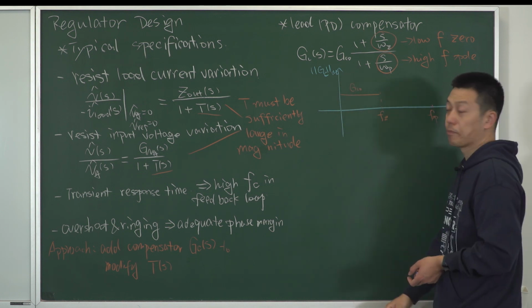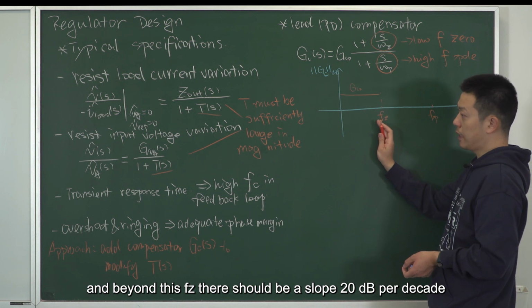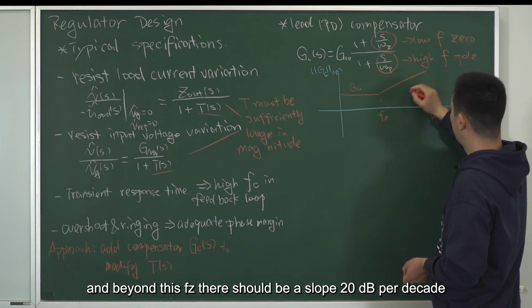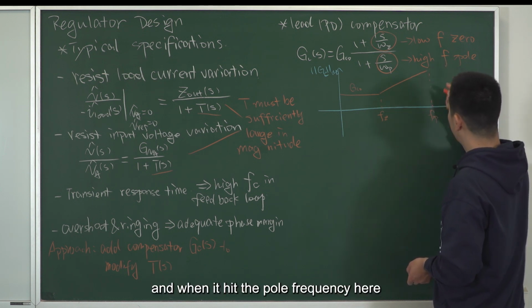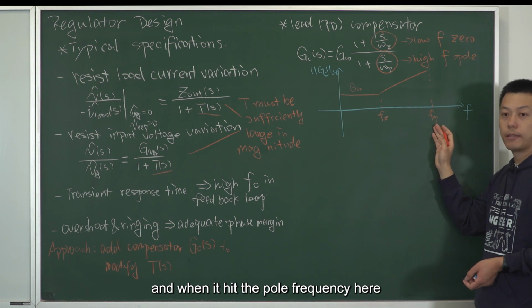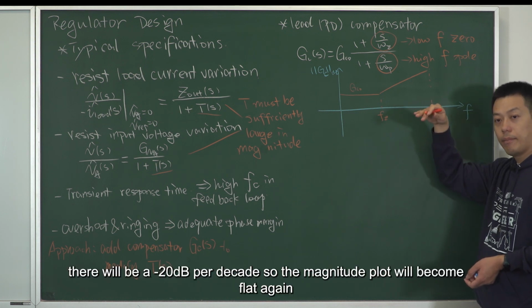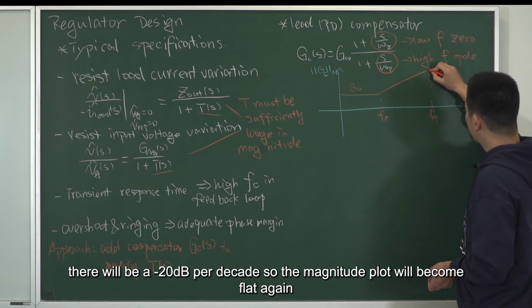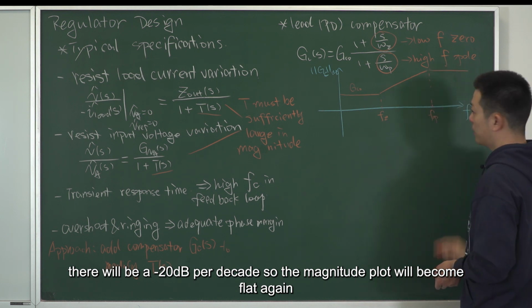The level here is GC0 in dB. And beyond this Fz, there should be a slope of 20 dB per decade. And when it hits the pole frequency here, there will be a negative 20 dB per decade, so the magnitude plot will become flat again.